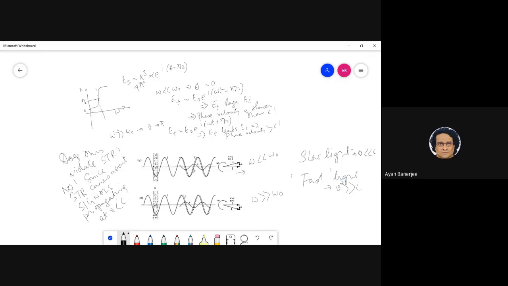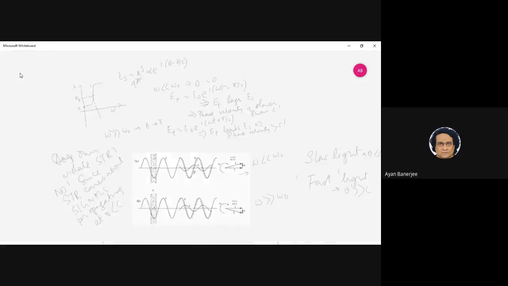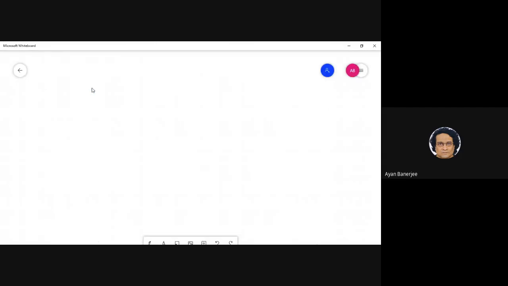Okay, so this is the argument that is presented in order to justify why a wave can move faster than light because of certain frequencies of incidence of the light. After this, any questions here?